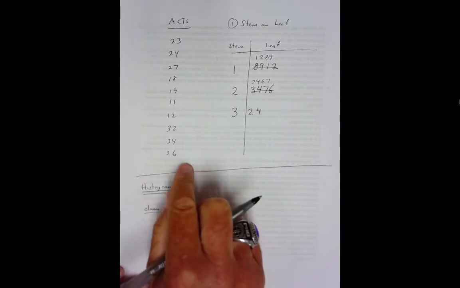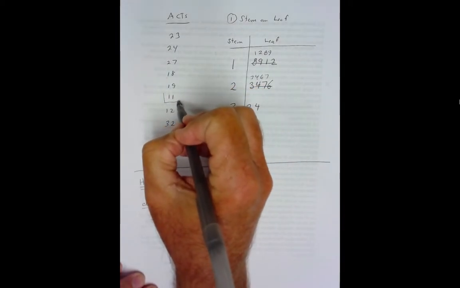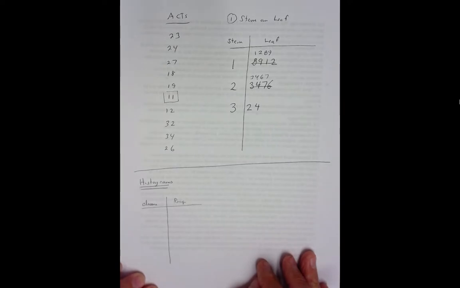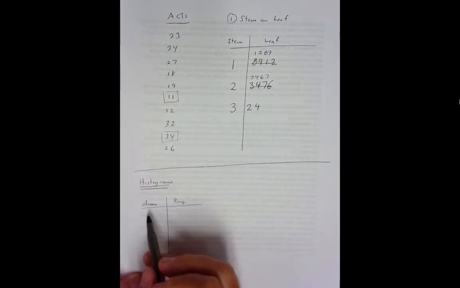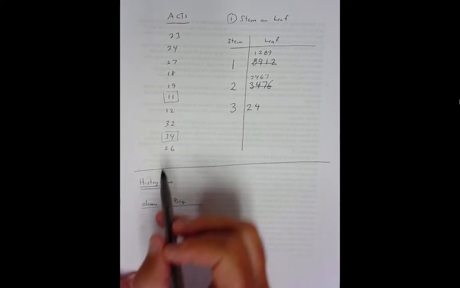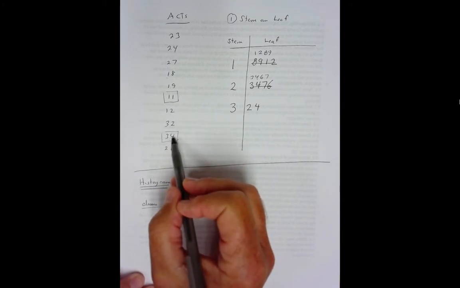So if I were looking at ACTs, with this data set, I would probably want to tap into the lowest at 11 and look at the largest at 34, and I would want to create classes that were just a little bit below the smallest and a little bit above the biggest.